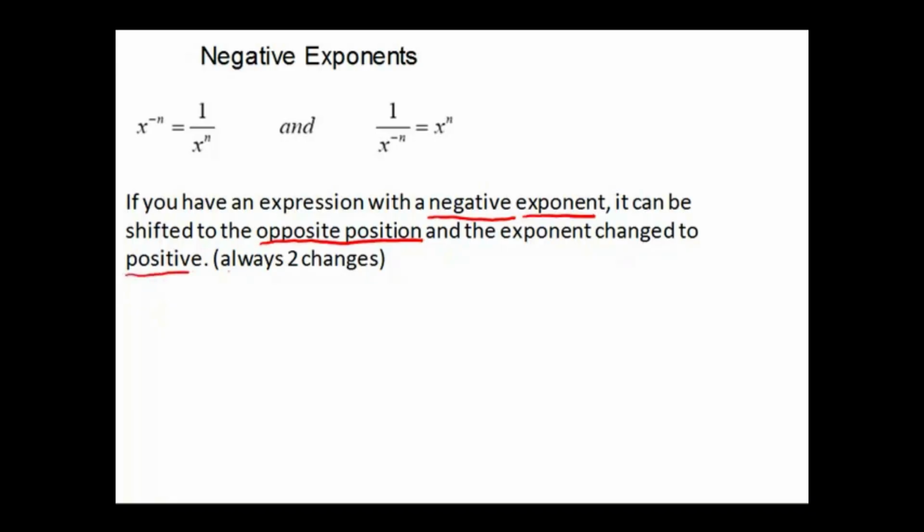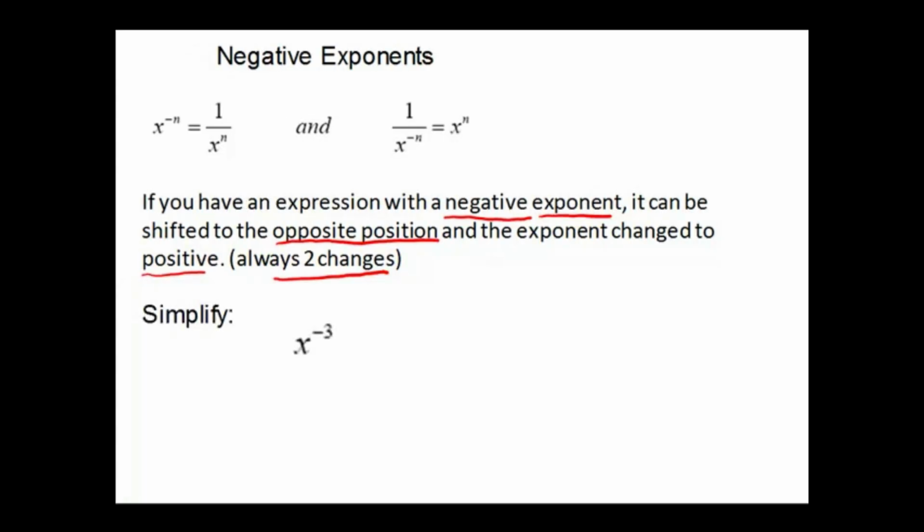You always have two changes. So if something has a negative exponent, it's going to shift. If it's down, it goes up. If it's up, it goes down. And the exponent will change to positive. Let's look at some examples.